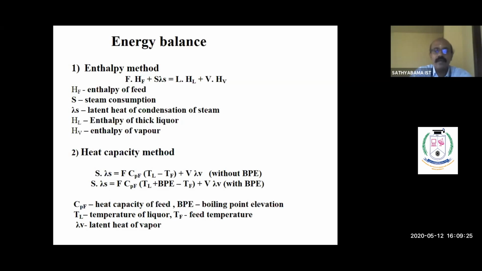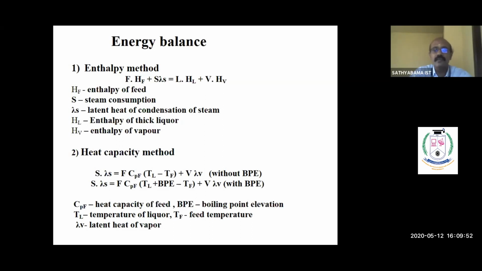S into lambda S is equal to F into CPF into TL minus TF plus V lambda V without boiling point elevation, and S into lambda S is equal to F into CPF into TL plus BPE minus TF plus V into lambda V with boiling point elevation, where CPF denotes the heat capacity of the feed material, BPE denotes the boiling point elevation, TL is the liquor temperature, TF the feed temperature, and lambda V is the latent heat of vapor.